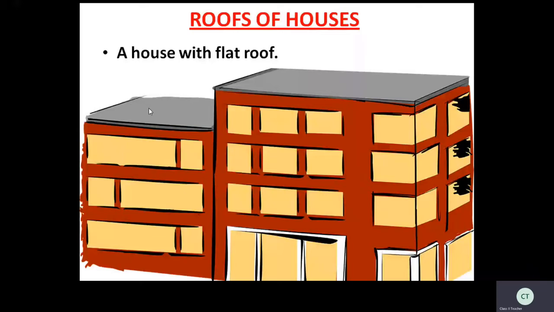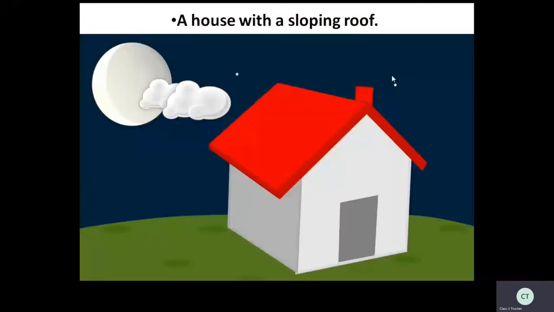And next, you can see a sloping roof. See here, the roof is sloped. You can see both sides. It is different from the other roof. This type of houses you can see mostly on the mountain side.